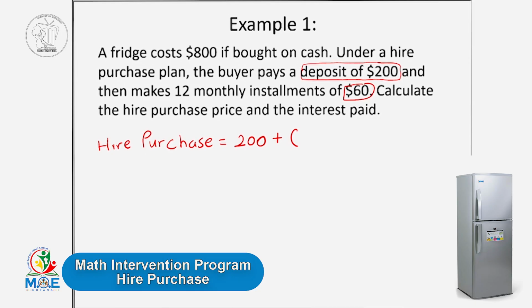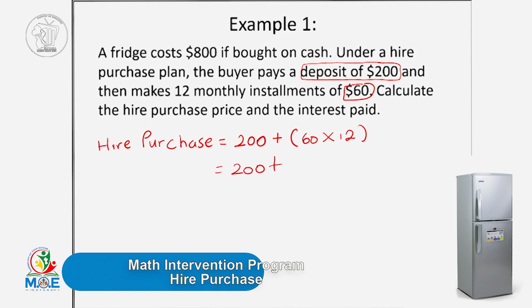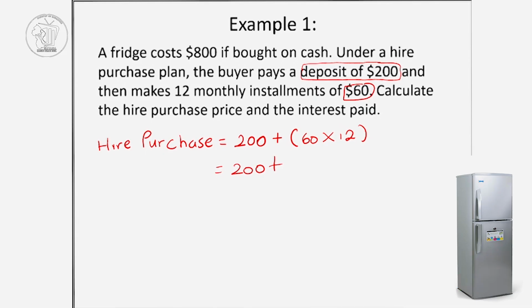This would be 60 multiplied by 12. So this will now be 200 plus 60 times 12, which will give us $720.